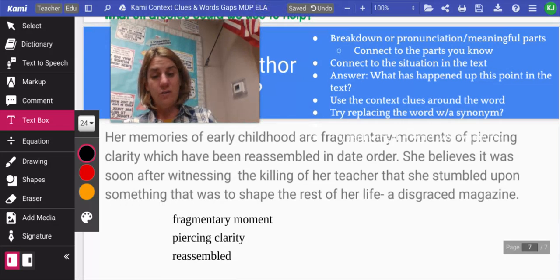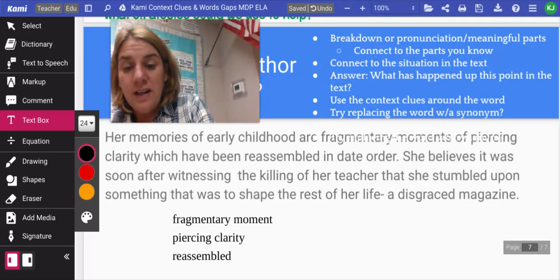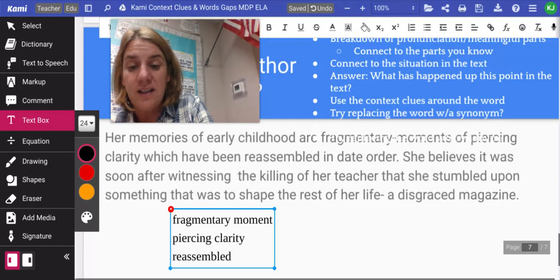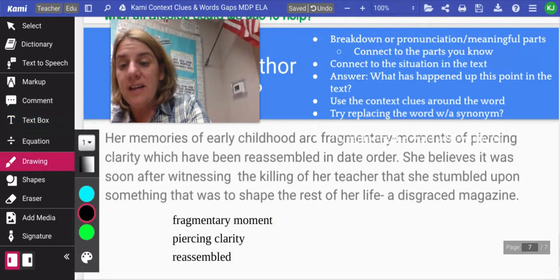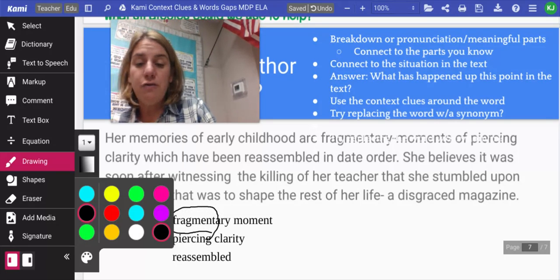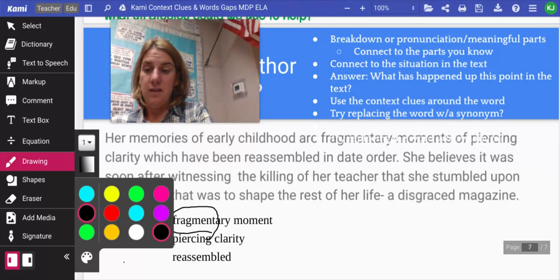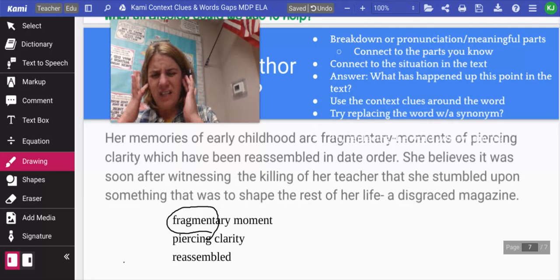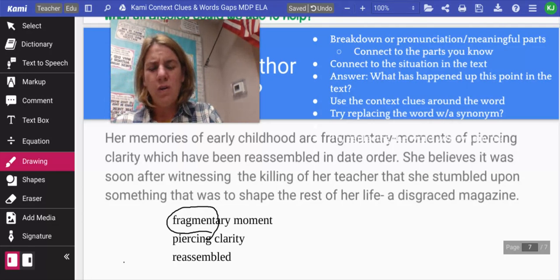So let's see if we can use some of our strategies here. Well, in this first word, remember, I'm always looking for parts that I know and connecting to them. I see this term or the noun fragments. And I know fragments are part of something. Let's see if I can get that to disappear. And then I go to this word and I think of piercing as being a noise that's painful to the ears or a hole driven through something.